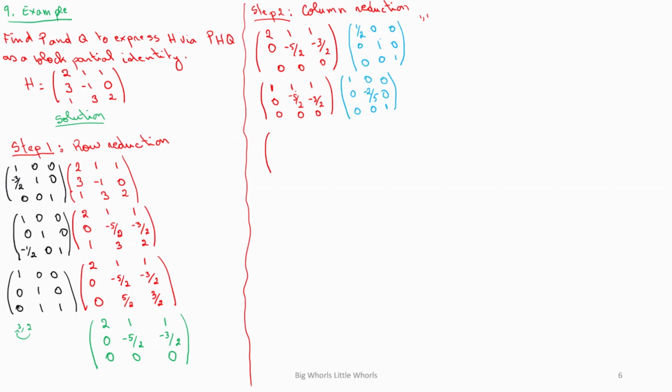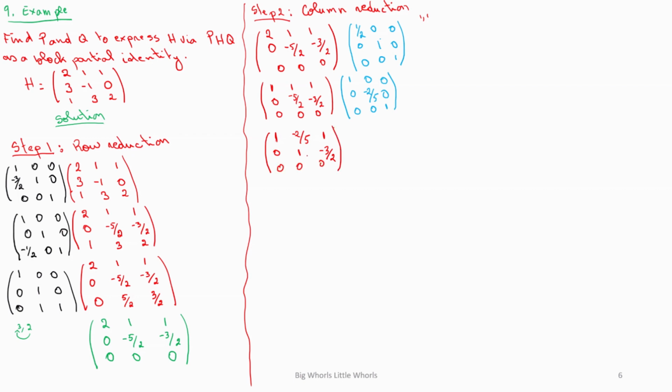So it's going to multiply the whole column 2 by minus 2 over 5. Okay, so you have 1, minus 2 over 5, 1 here, and 0 1, and minus 3 over 2, 0 0 0.